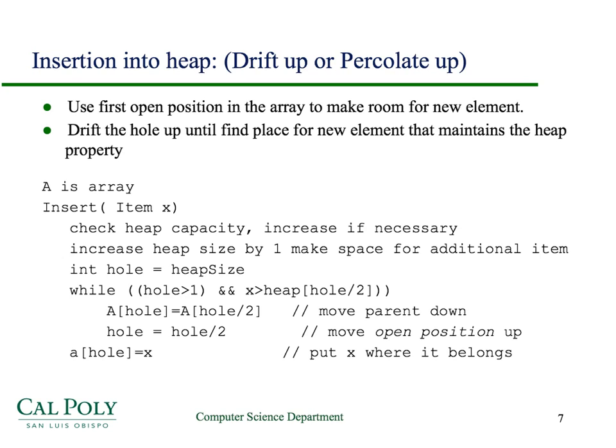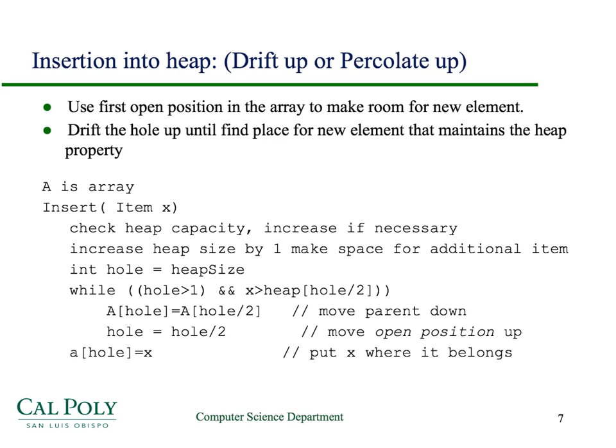So that's exactly what we do here. We move the parent down. The parent is in index spot hole over 2, and so we move it down to index spot hole, and then we move where the open position is. We make the open position now be where the parent was, which was hole over 2.